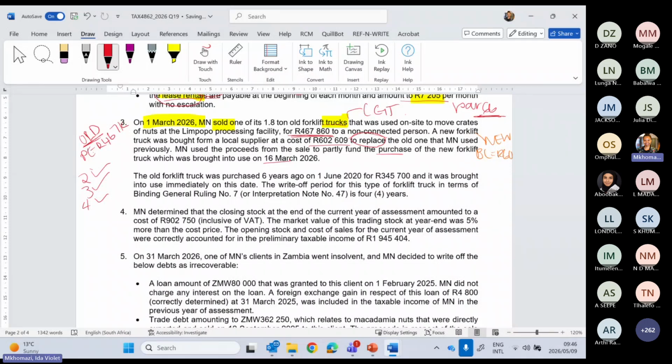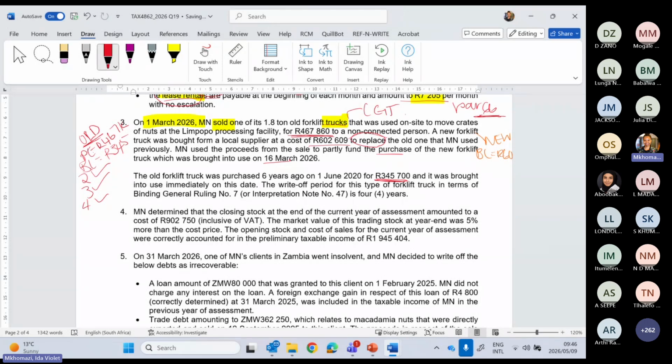When we read on further, it says that the old truck was purchased 6 years ago on the 1st of June 2020 for 345,000 rand. So I have the base cost for the old truck as 345,000. There's one requirement that we didn't determine if we meet, right? That one requirement says that you need to have a capital gain. Does the proceeds exceed the base cost?